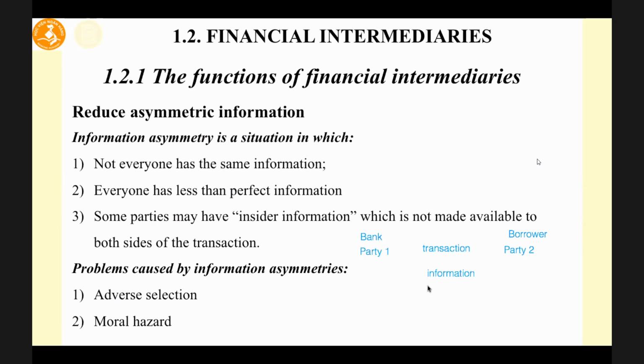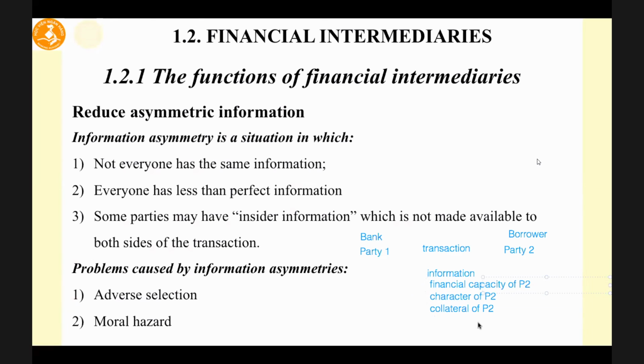So the information here, do you know what it is? The information here is information about the financial capacity of party two, information about the character of party two, information about the collateral of party two, right?